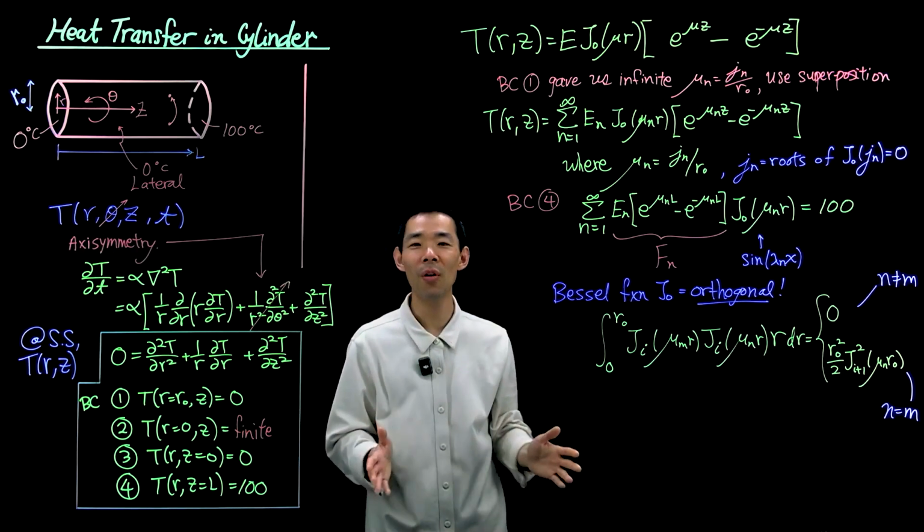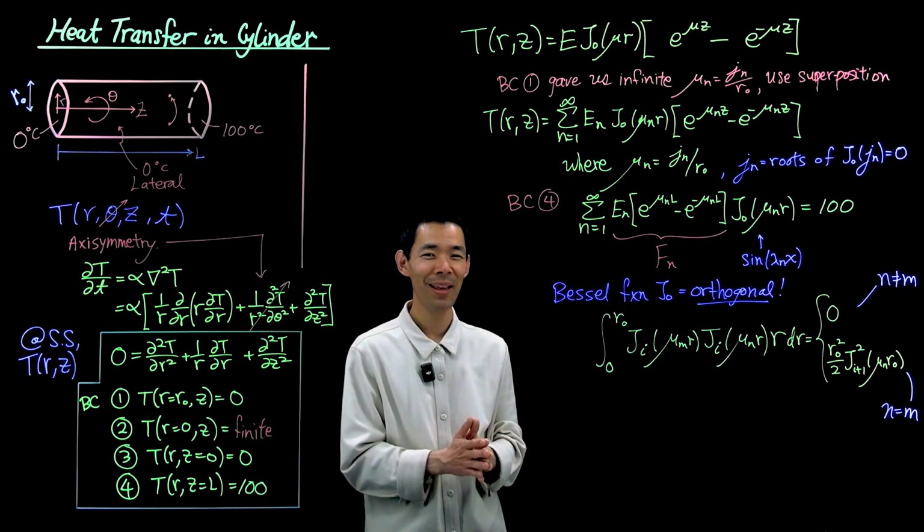Identical to the normal Fourier sine and cosine series. Okay, let's write this down.